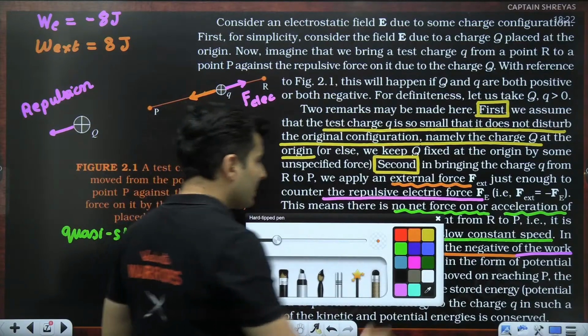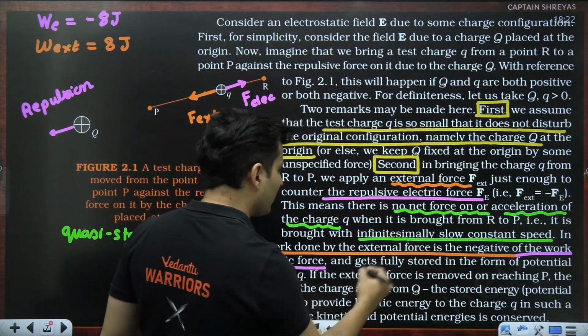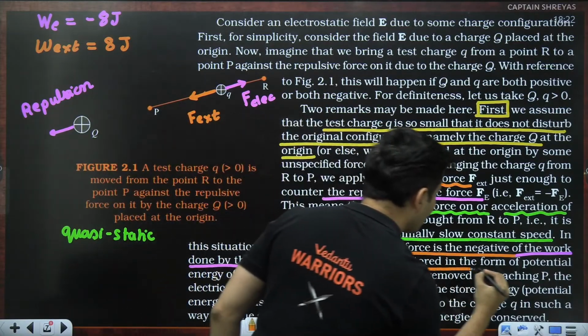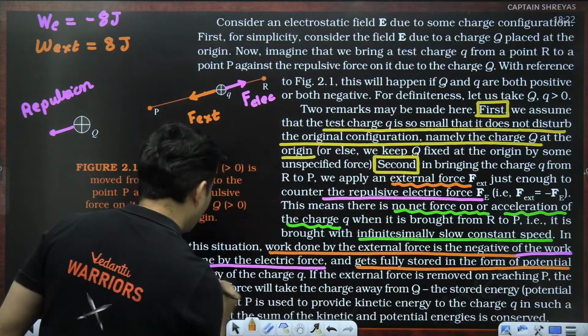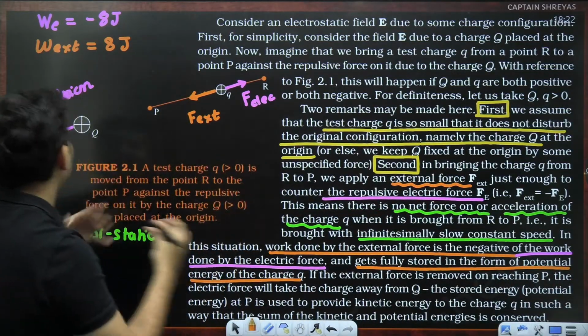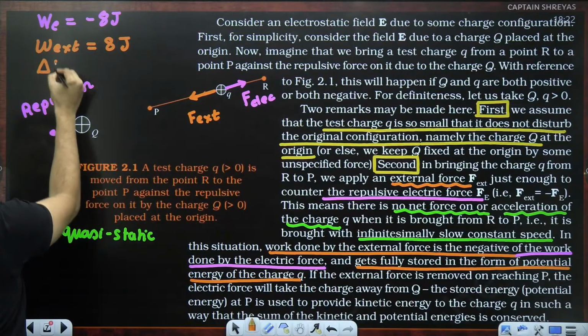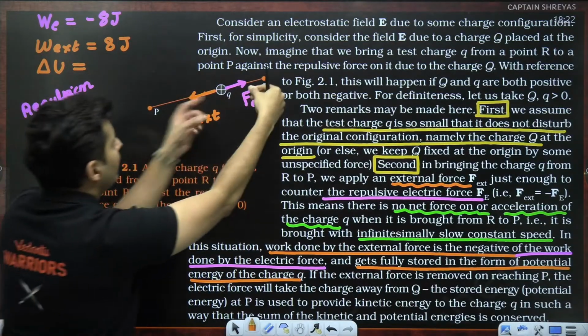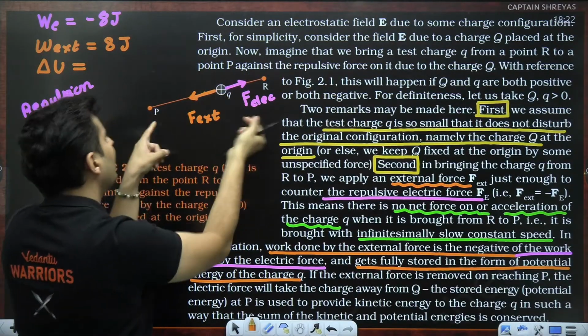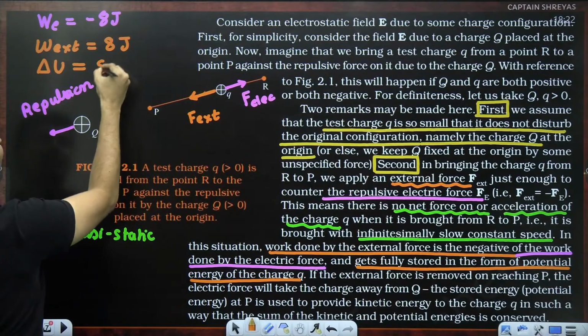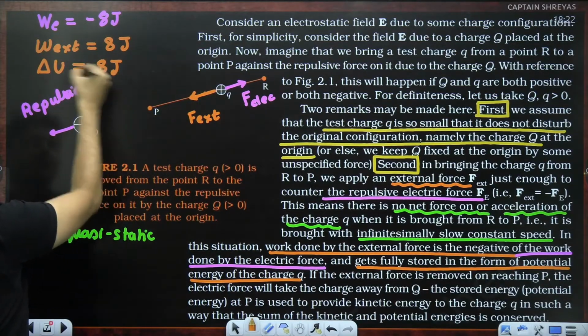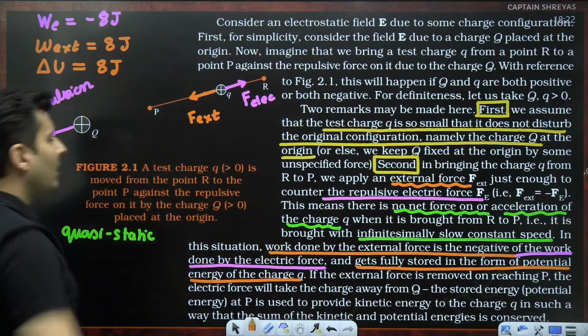And this particular work done by the external force gets fully stored in the form of potential energy of the charge. Exactly. So there will be an increase in the potential energy. Whatever work I do externally will get stored in the form of potential energy. So the increase in the potential energy will be 8 joules.